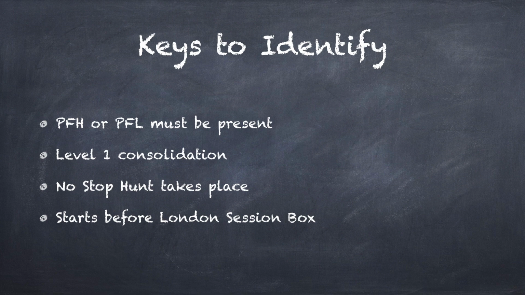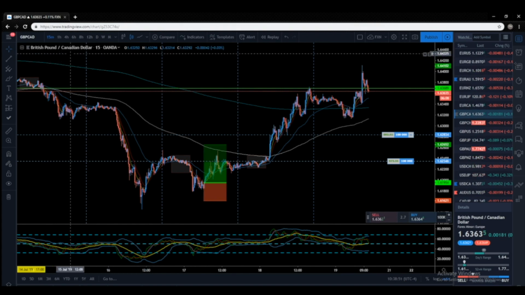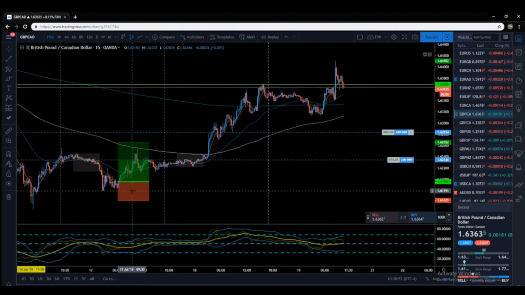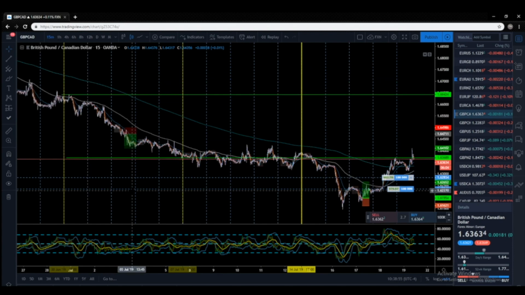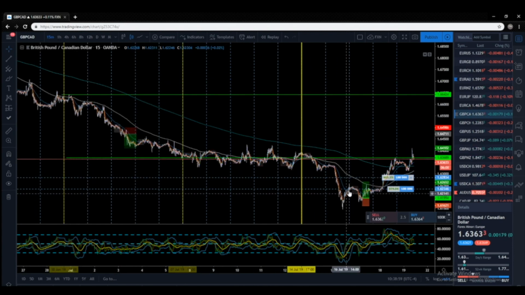So let's take a look at some examples of what straightaway trades look like. On this pair, pound CAD, you can see price worked all the way down to a peak formation low here.